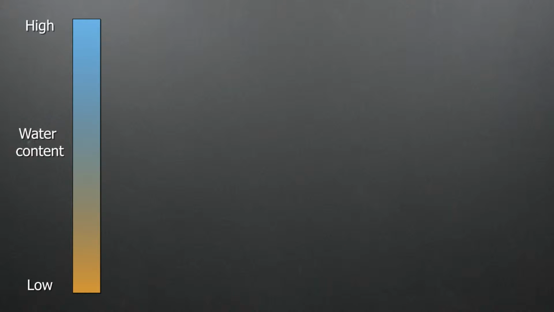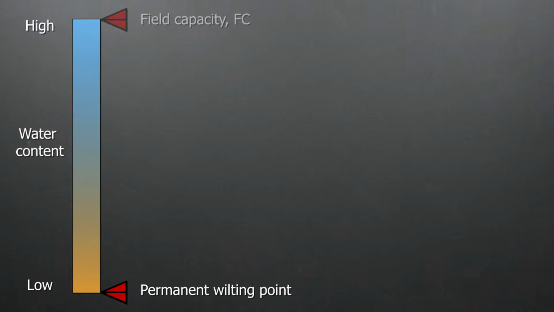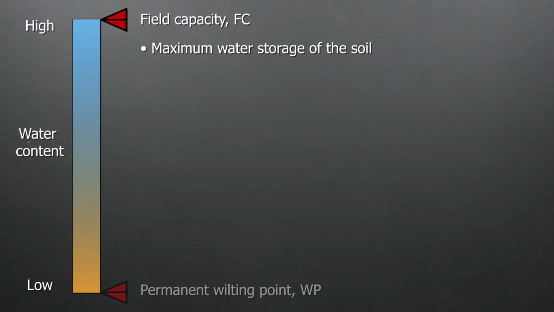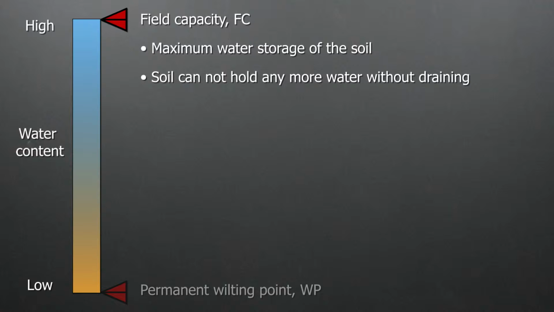Our upper storage limit is called the field capacity, FC, and our lower limit is called permanent wilting point, WP. FC is the maximum water storage that can be held in the soil. It is when the soil cannot receive any more water without draining it quite quickly.